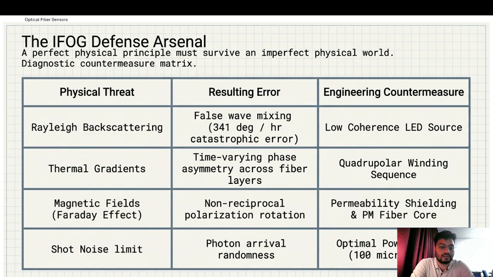Then the third one is magnetic fields, Faraday effect, non-reciprocal polarization rotation, with mu-metal shielding and PM fiber core. Shot noise limit, photon arrival randomness, with optimal power tuning, which is 100 microwatt. So with these engineering countermeasures, the errors can be ruled out.